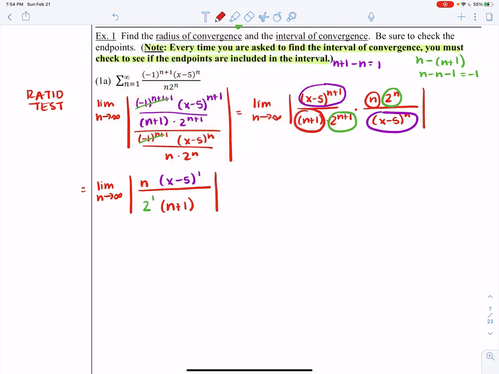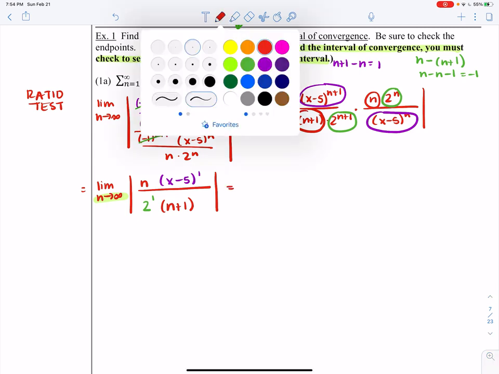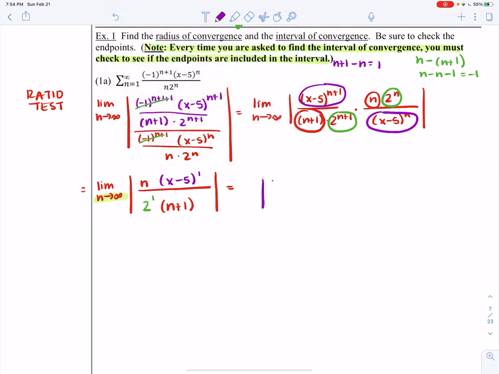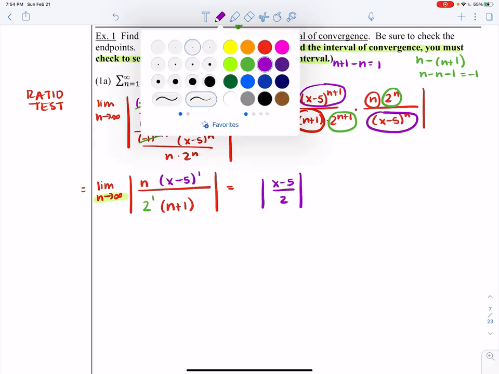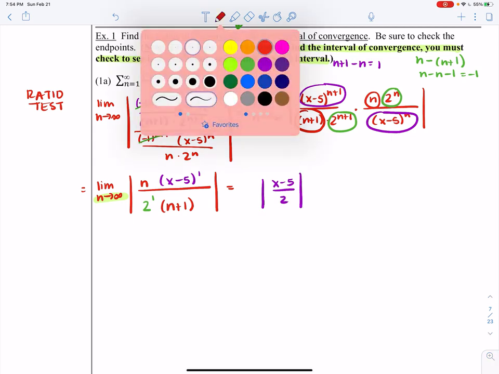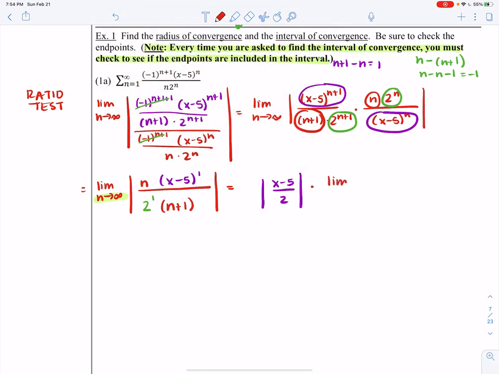Now you need to know that this limit only depends on n. So if this limit only depends on n, why don't I take the things that don't have n's and put them on the outside? They're still going to need absolute value bars around them. The only things I really need to keep inside my limit are the n and the n plus 1.